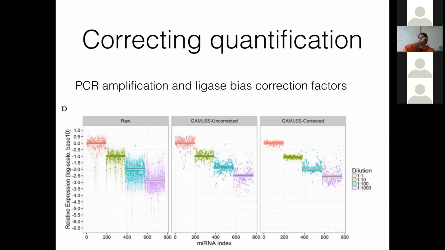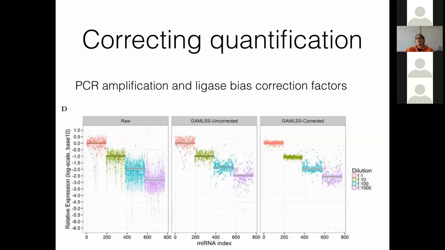And then there's a paper that I have to review, but they have to do some changes to get acceptance. So I was curious, because this problem about the ligase bias is something that we all know in microRNA. So they are trying to use a more complex modeling to try to correct for the PCR amplification bias and the ligase bias.